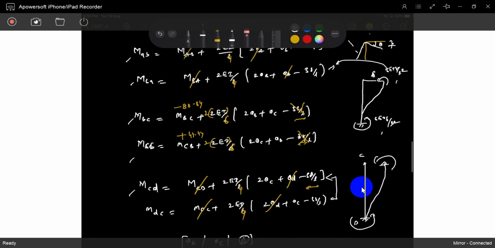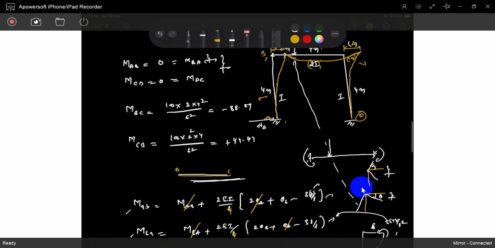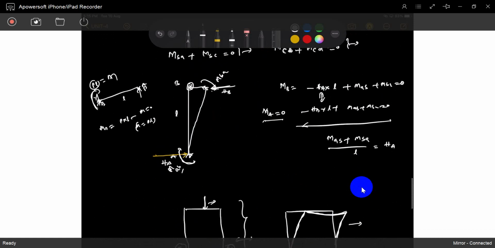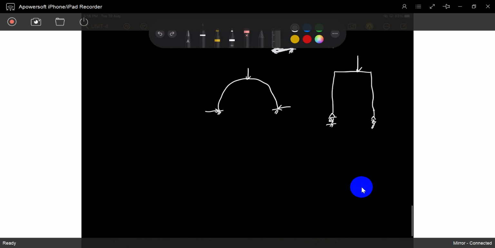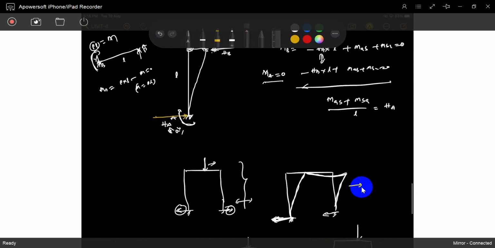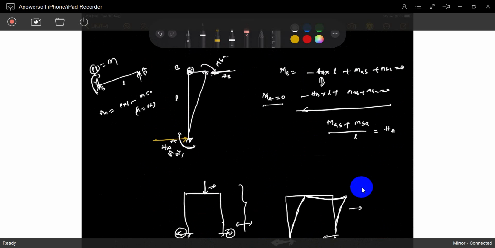Based on that same thing, I will write the equation for CD. It's C, it's D. Understood? Same. I will take the direction of HD like this.